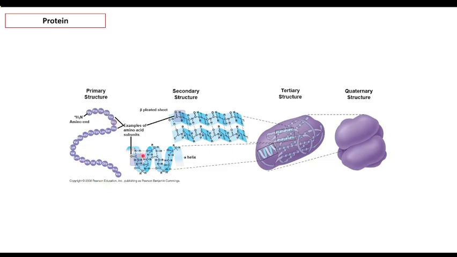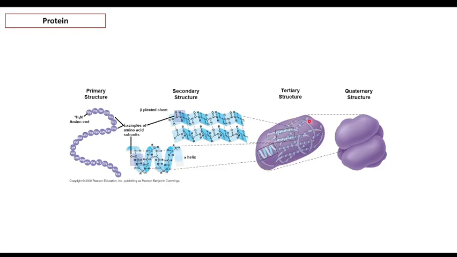Due to their nature, polar, non-polar, and the like, they will start to form coils or folds in what we call the secondary structure. They will further form this tertiary structure due to various intermolecular forces: hydrophobic interactions, salt bridges, and the like.